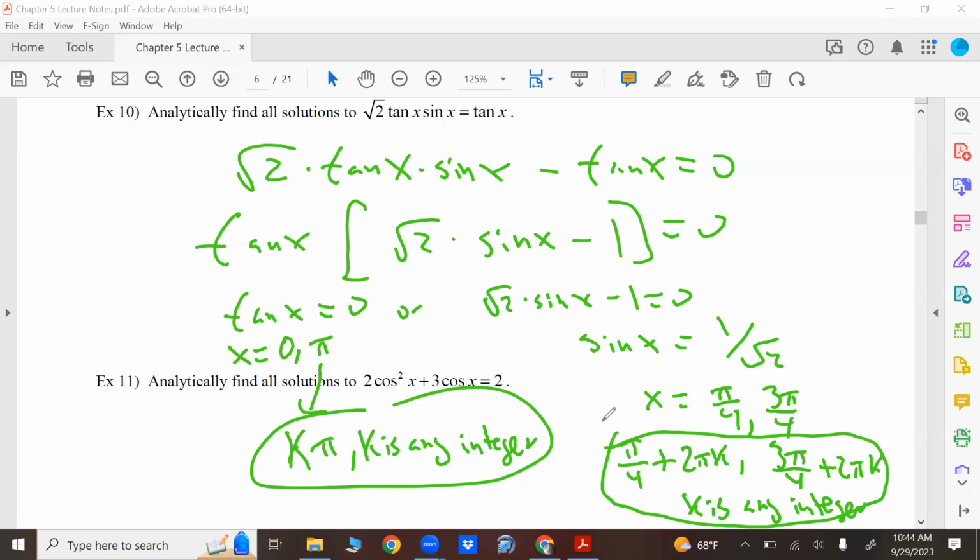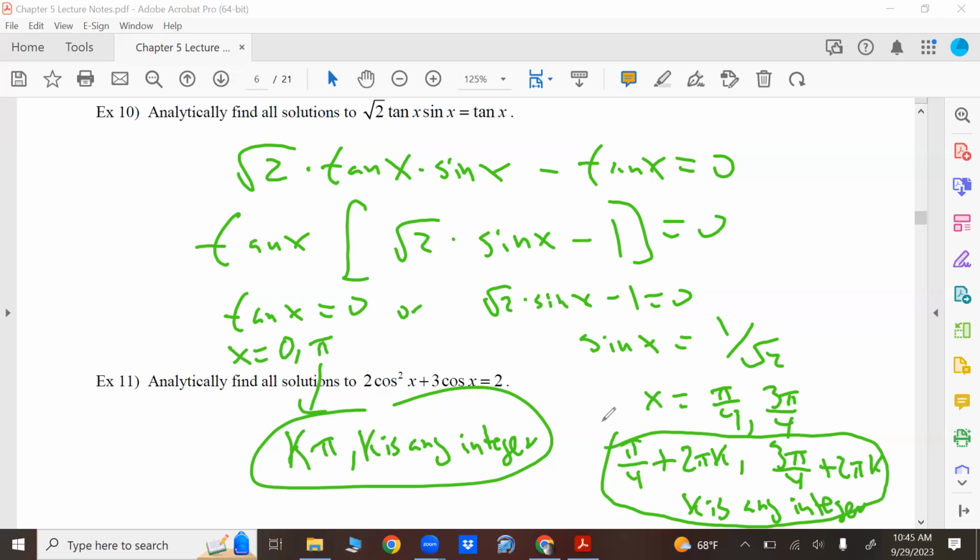Okay, so that's what I got for number 10. K is an integer, and then the other one is pi over 4 plus 2 pi k, 3 pi over 4 plus 2 pi k. I don't think it's all that close to it. Okay, I'll leave it up for a little bit.